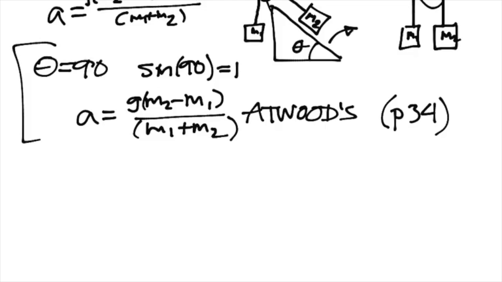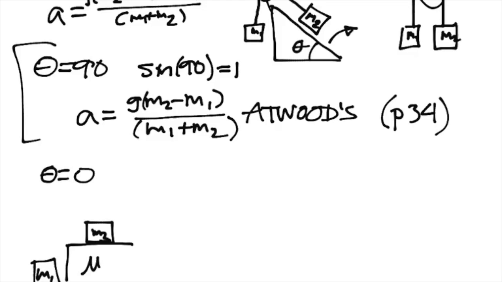That's that case. We also have the case where theta equals 0. In other words, instead of having a ramp at all, if the ramp is flat, then M2 is just sitting up on this tabletop and M1 is hanging down.